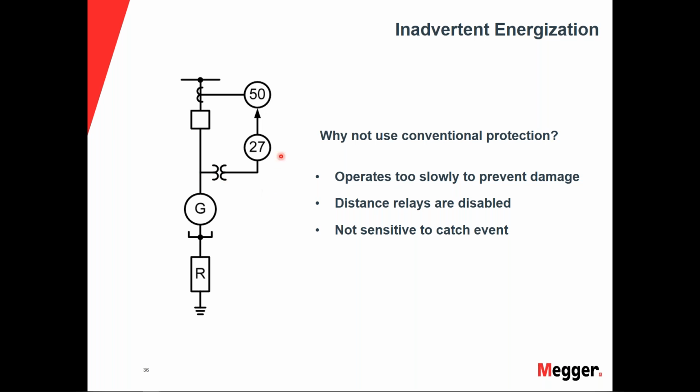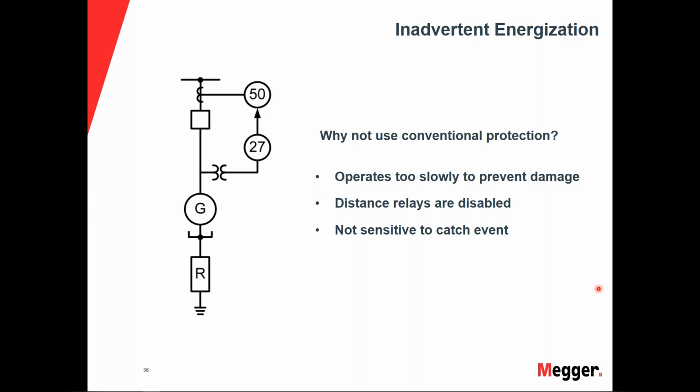We're using a combination of an overcurrent and an undervoltage relay to sense this type of issue. So the ways that this can actually happen is, well, I just told you how it's going to happen. How about that? So what I was going to say is the conventional protection.